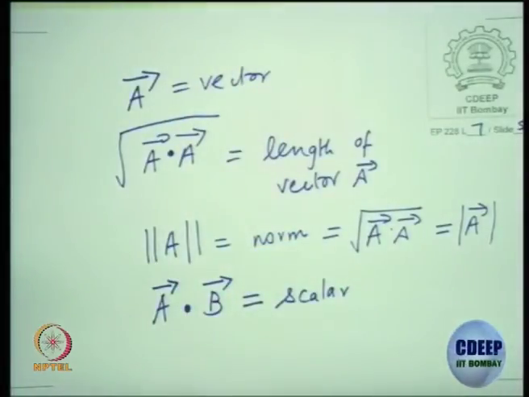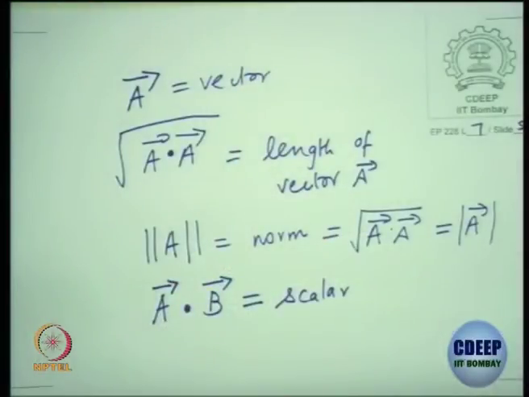Okay. So, why is it called a vector? If you do a rotation, then you know how it will transform. Under rotation by some angle about some axis, A will become a new vector, B will become a new vector, but A dot B will remain the same.